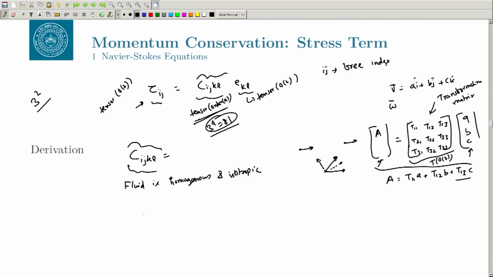So, the scalar S can be written as C_ijkl multiplied by vectors, because we need to contract and remove all these independent indices i, j, k and l: a_i, b_j, c_k and d_l, right. So, these are the 4 vectors, each of which will contract with C_ijkl and ultimately give you this scalar, right. Now, assume that the fluid is homogeneous and isotropic.